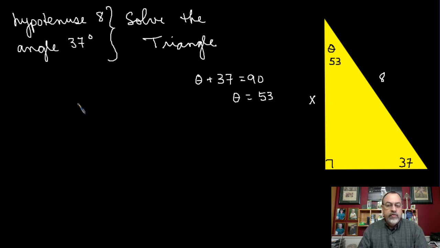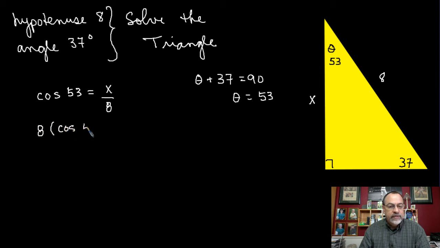So I could say the cosine of this 53-degree angle is equal to the side that's adjacent to it, which in this case is x, over the hypotenuse 8. What I've done is create an equation with one variable, and so I can solve it algebraically. Multiplying both sides by 8, I have 8 times the cosine of 53 is going to be x. That's going to be the length of this side.